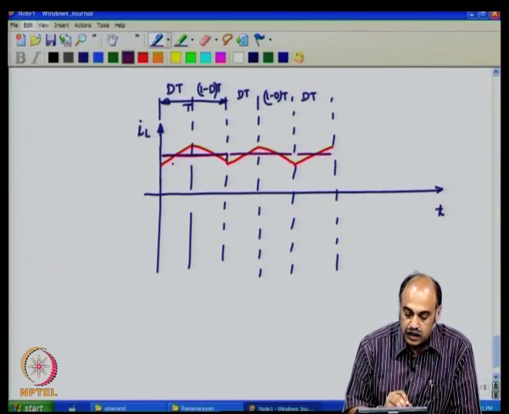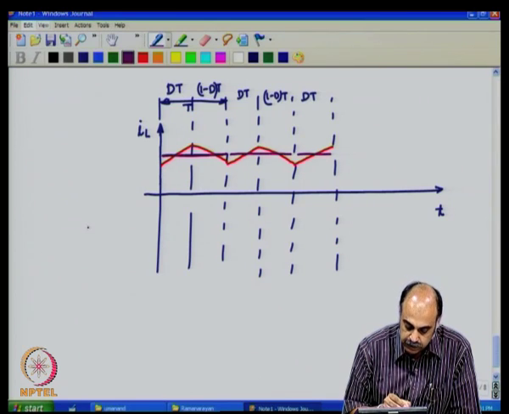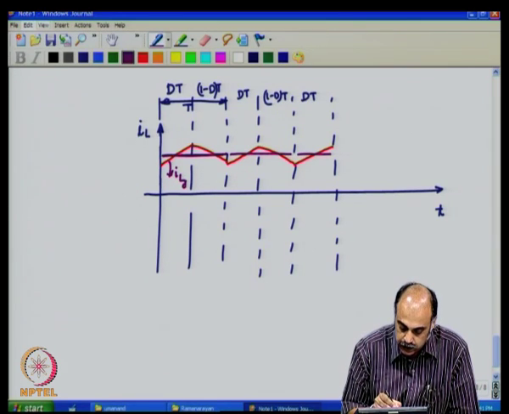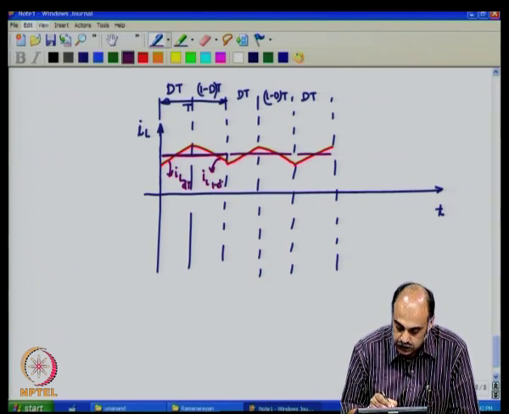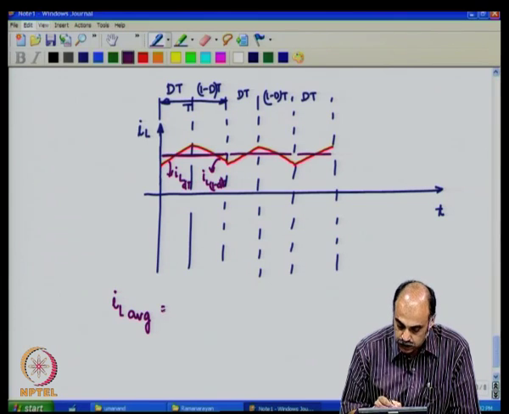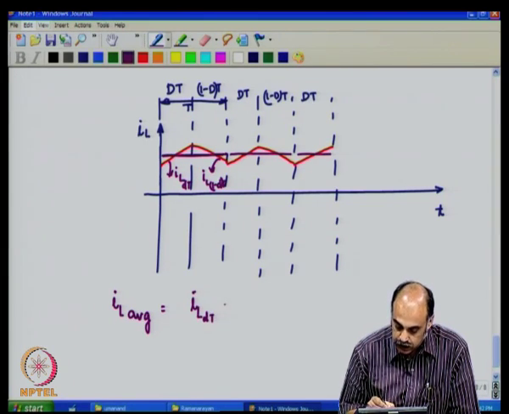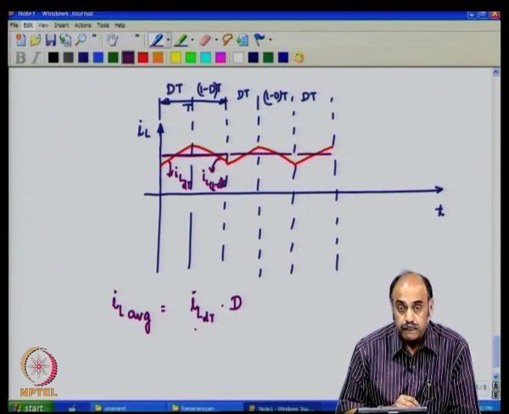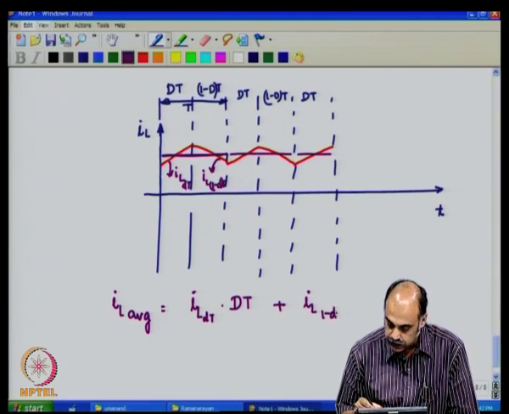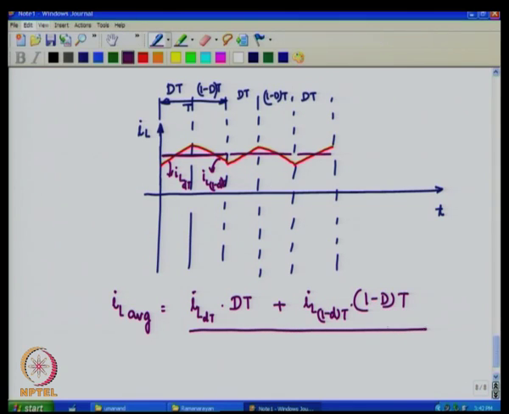So, how do we achieve the averaging of the large signal? We take the state value here, multiply it with D. So, let us say if this is IL during D t period, and if this is IL during 1 minus D t period, then what do we do? We say IL average equals IL during dt period into dt plus IL during 1 minus dt period into 1 minus dt, divided by the time period, which is the whole t.